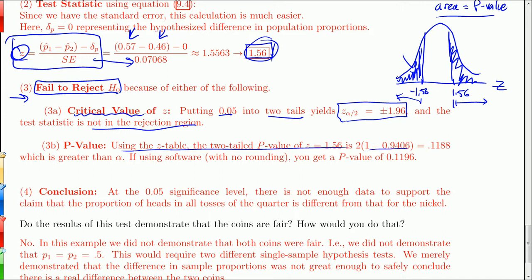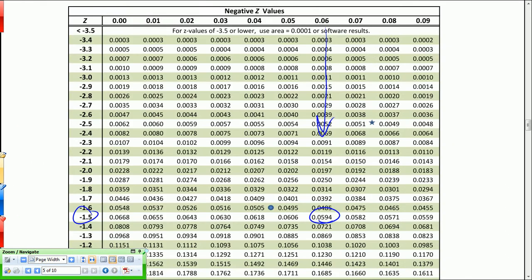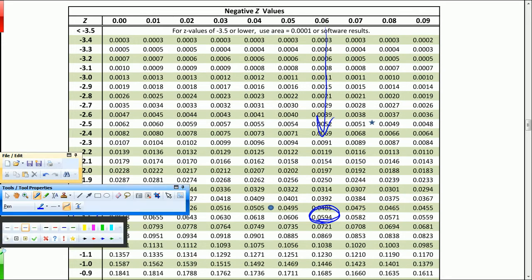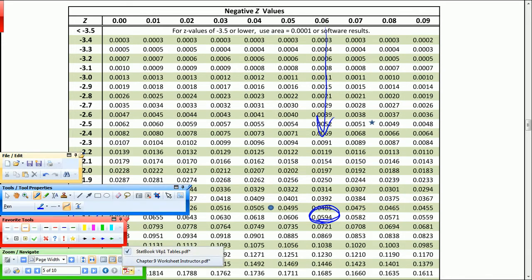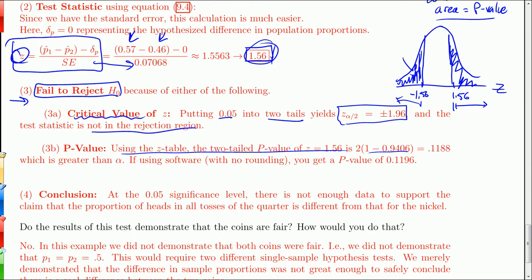But if I take 1 minus 0.9406, I will get 0.0594. Right. So 0.0594 is that area. And if I double it, if I take 2 times 0.0594, I will get 0.1188. Right. So either way, you can do it.